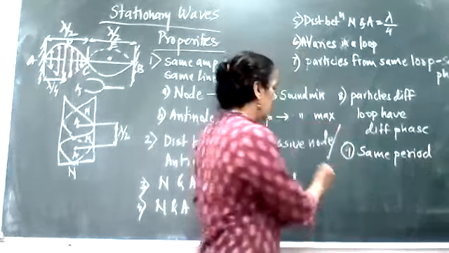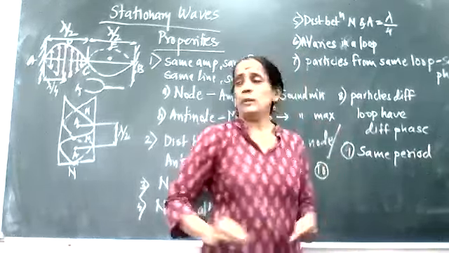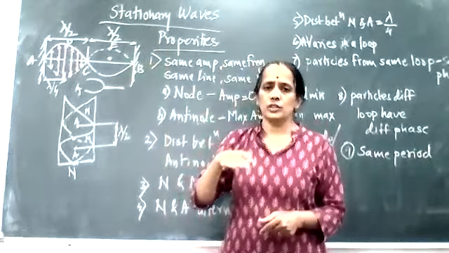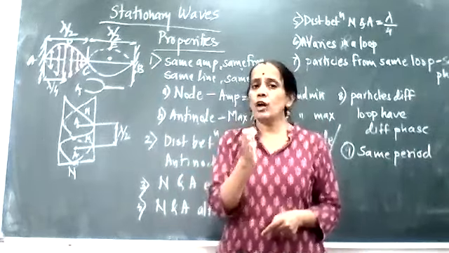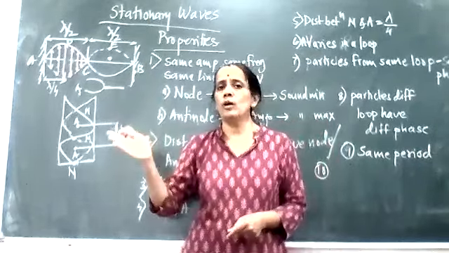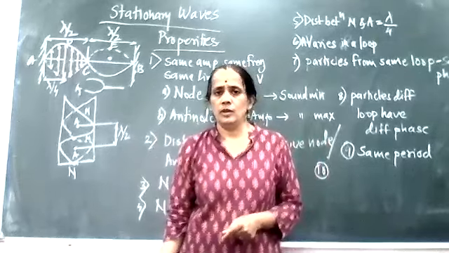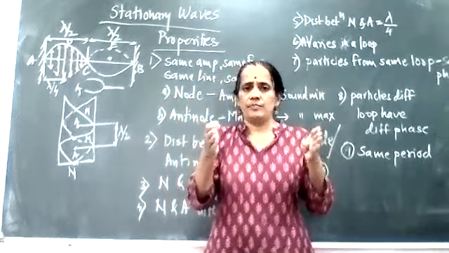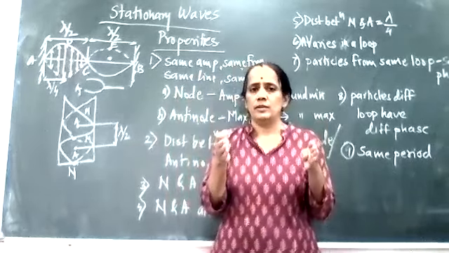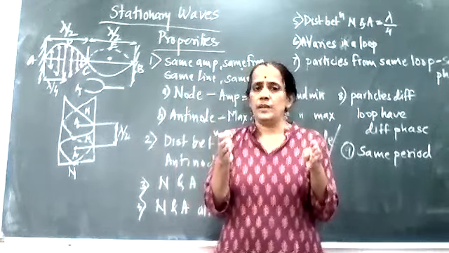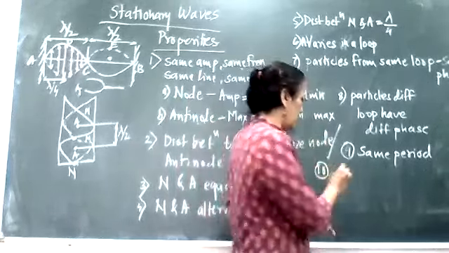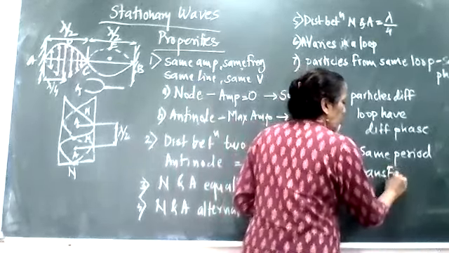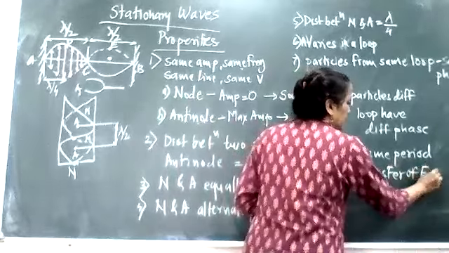Clear? Here the particles are vibrating about the mean position, but they are not moving from one point to another. Means the particle will get localized in one particular loop, and when they are localized, there will be no transfer of energy. So in a stationary wave pattern, there is no transfer of energy.